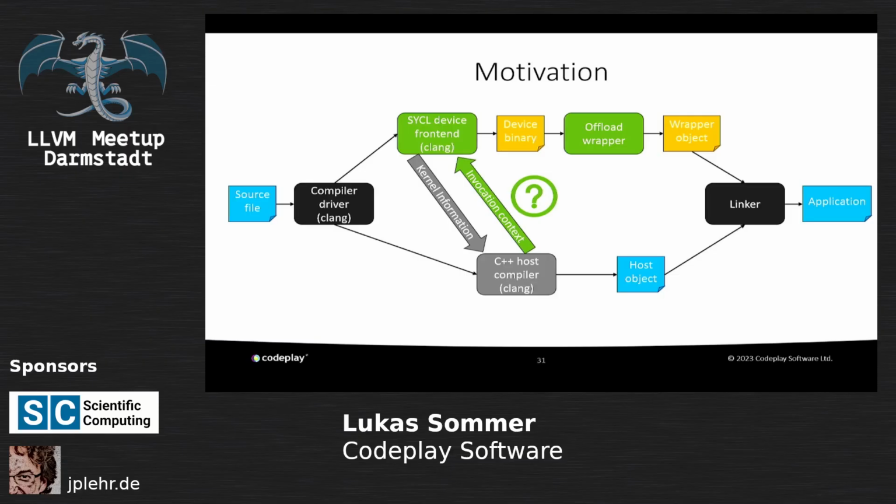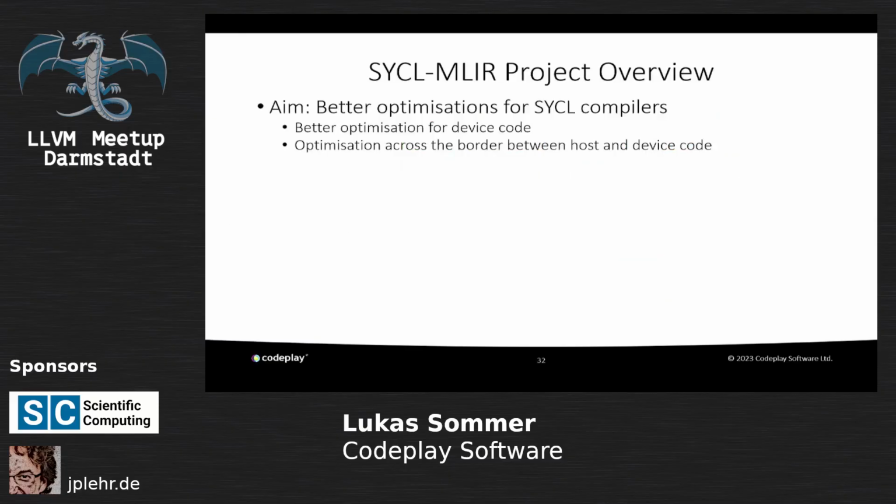In the host, we get some information about the layout and the device, but during device compilation, we never have any information about the context that this kernel is called from. Are some of these arguments maybe constant? All of this information is missing because we don't have this arrow with the current compilation flow.